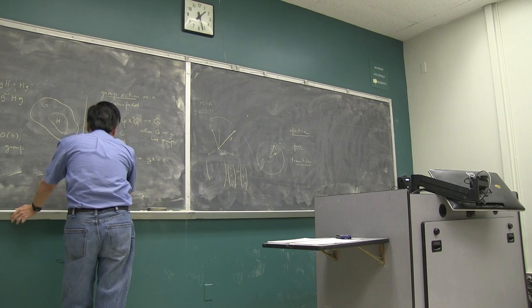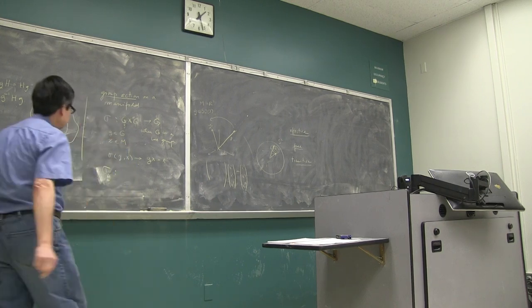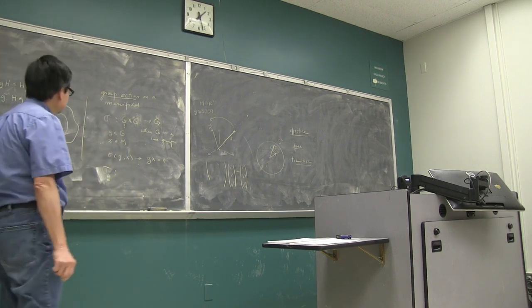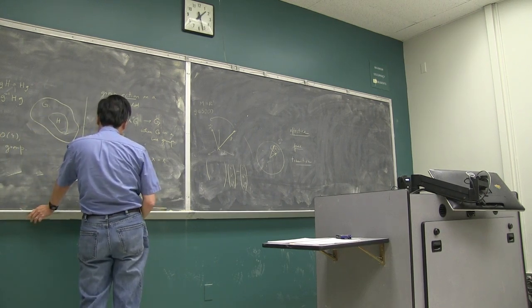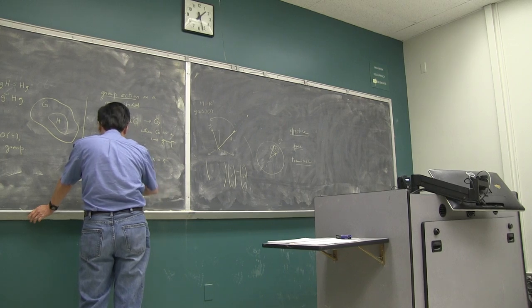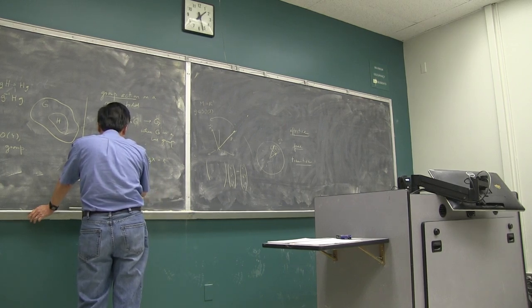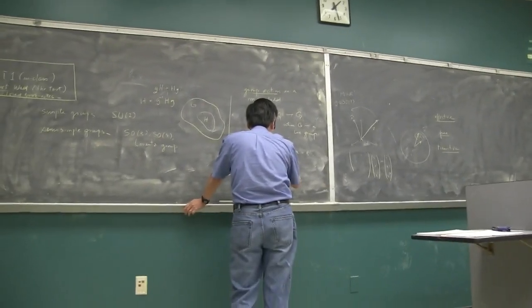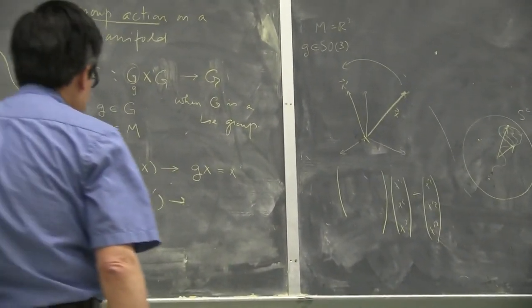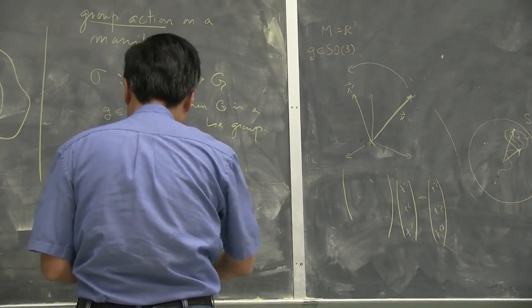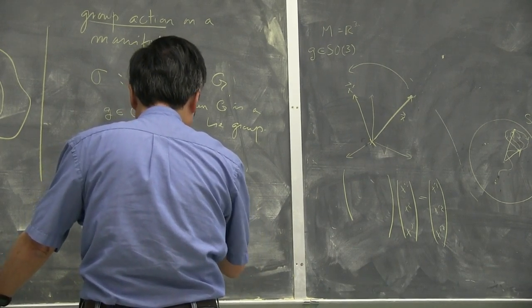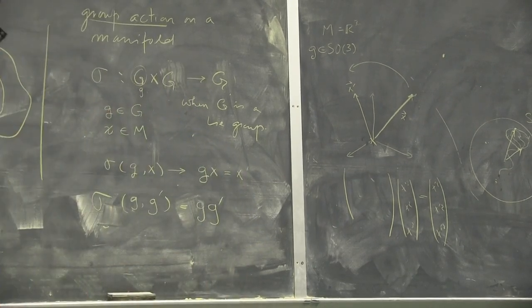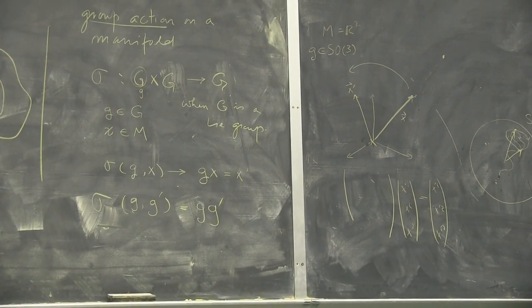For example, by choosing a particular G, you can build this particular group action, which says that sigma G acting on G prime is equal to left multiplication of any G prime by some element of your choice, G, okay?